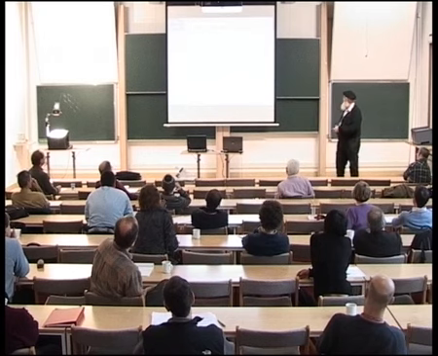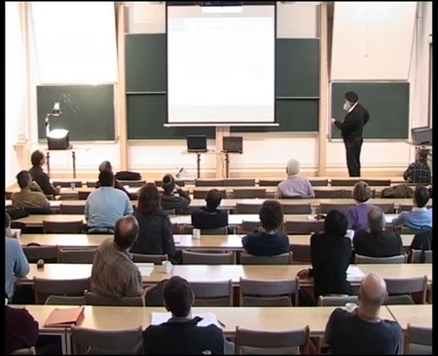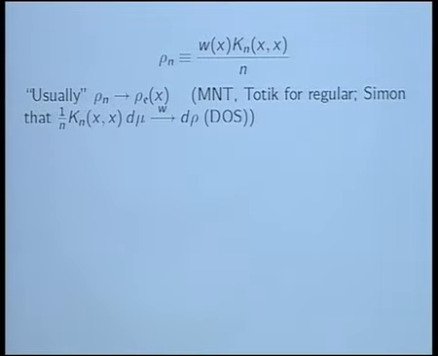There's a result I showed that in fact this object multiplied by, forget about the w of x. Without the w of x, you multiply by the measure. So the absolutely continuous part of this measure converges weakly in the sense of measures to d rho.